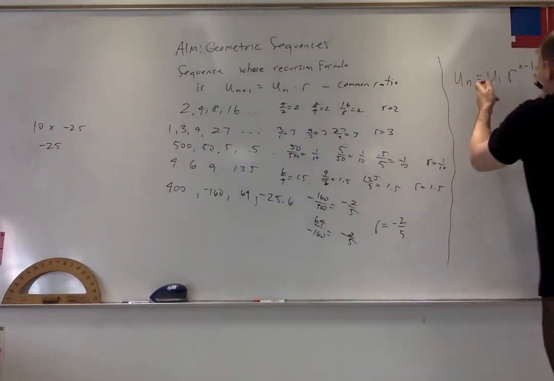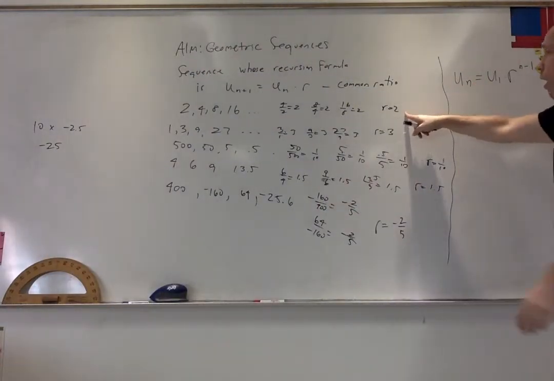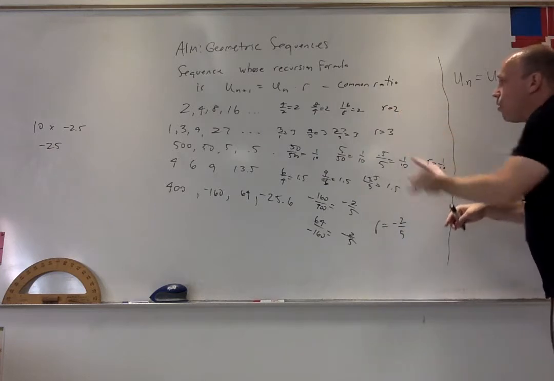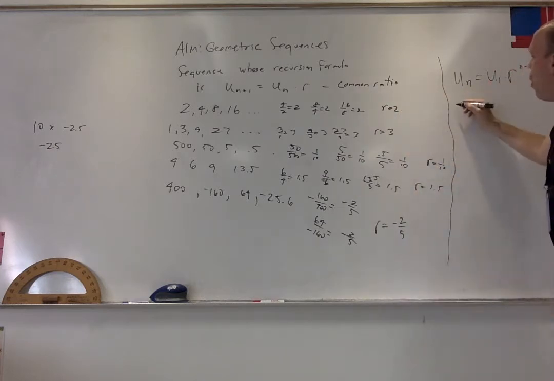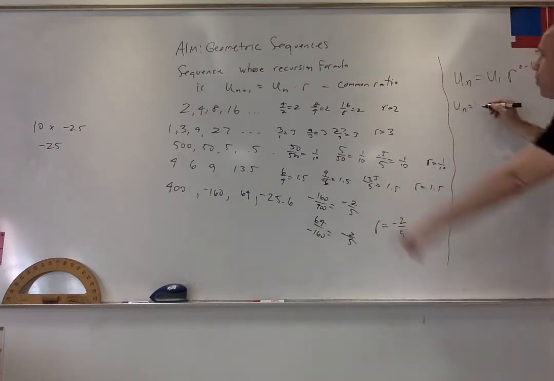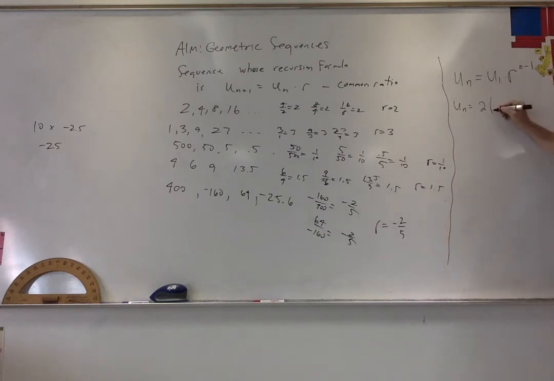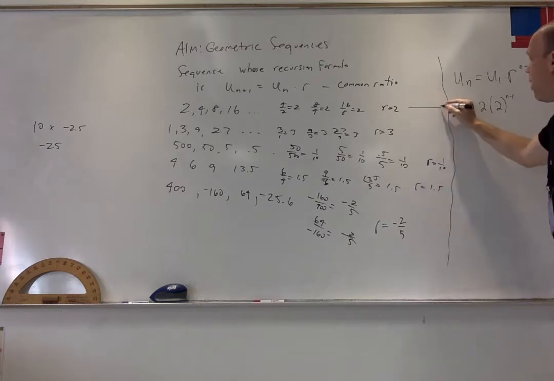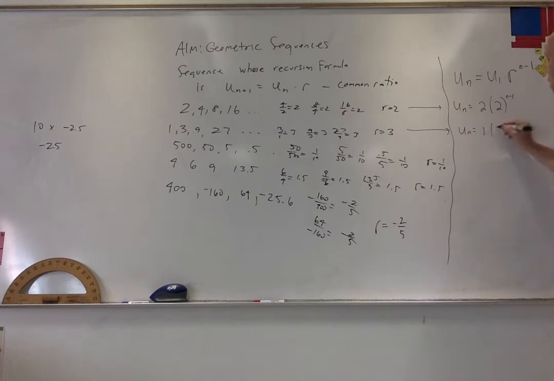You've done these problems before. How can I write it? Well, you have it right here. So for this one, u of n is equal to 2 times 2 to the n minus 1, right? For this one, u of n equals 1 times 3 to the n minus 1.